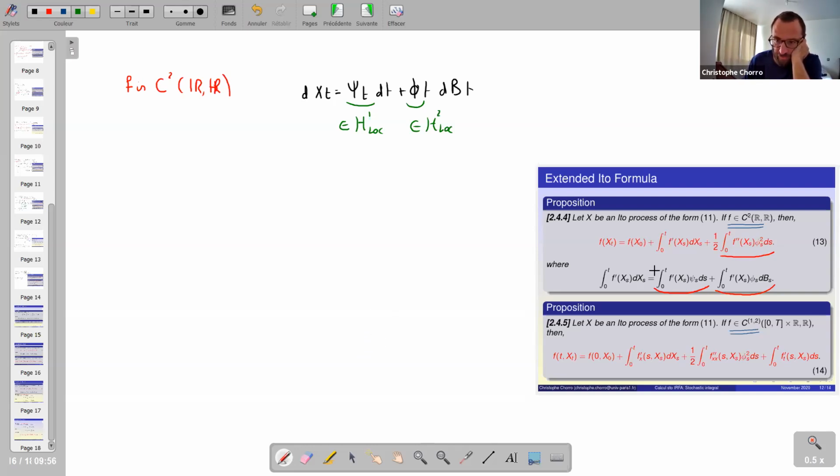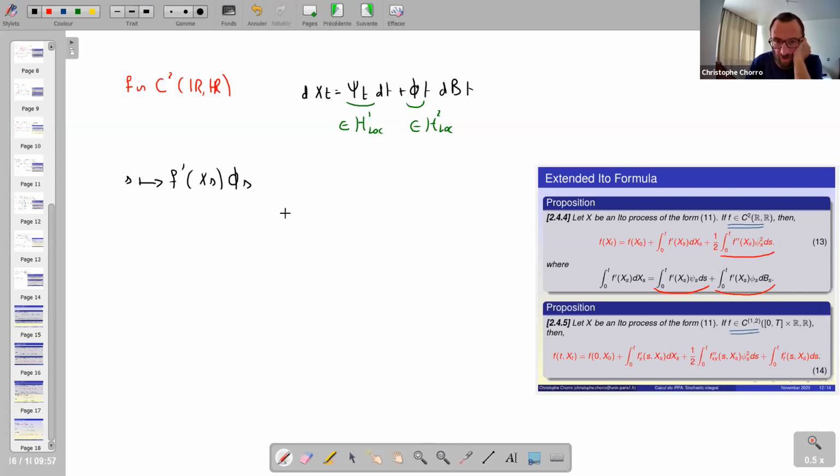So what happens if I want to give sense to these three integrals here? Let's apply the argument for one, because the argument will be the same for the others. Let's consider the stochastic integral here. Inside, I have f prime of Xs phi of s, with phi in H2 log and f of class C2.